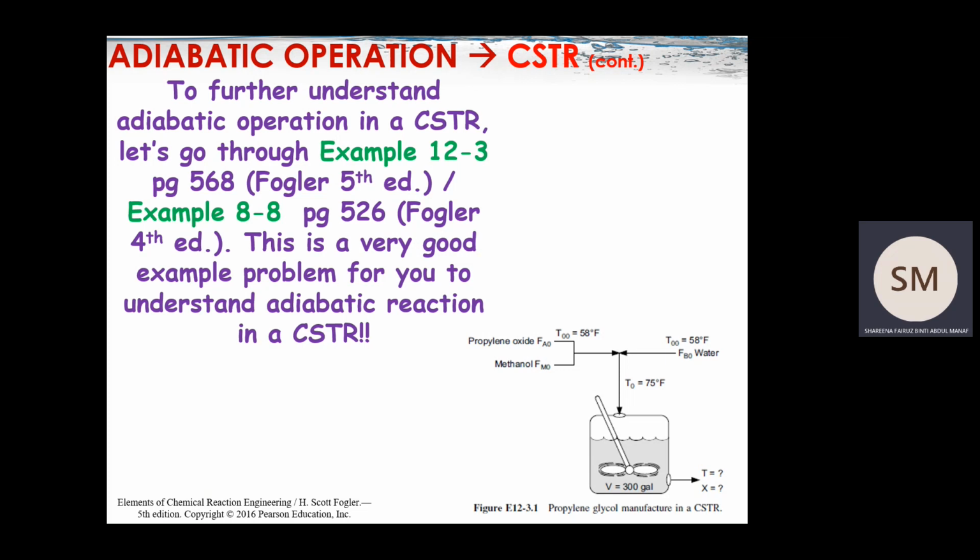Okay, so from here, okay, I just illustrate je lah apa yang benda ni. Okay, so let's say that A plus B is equal to C. Okay, this is a propylene oxide plus with the water, and you will have propylene glycol. Okay, the product here.